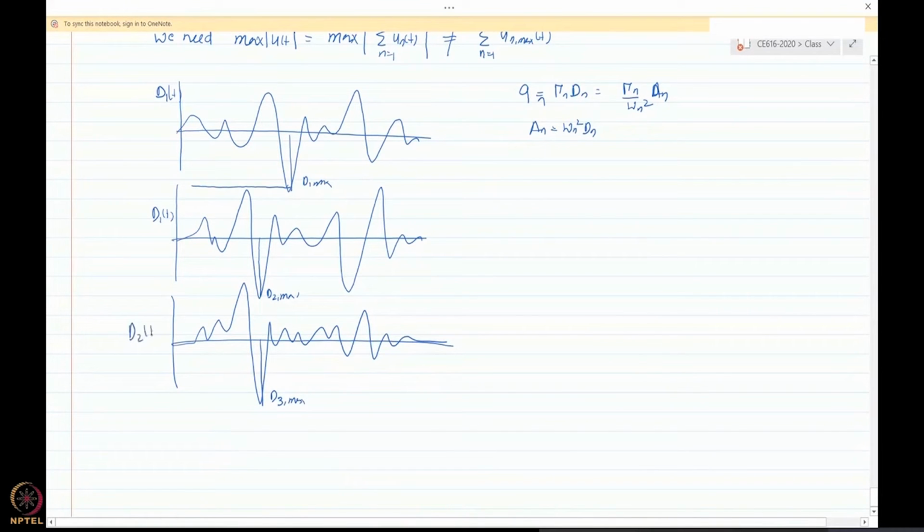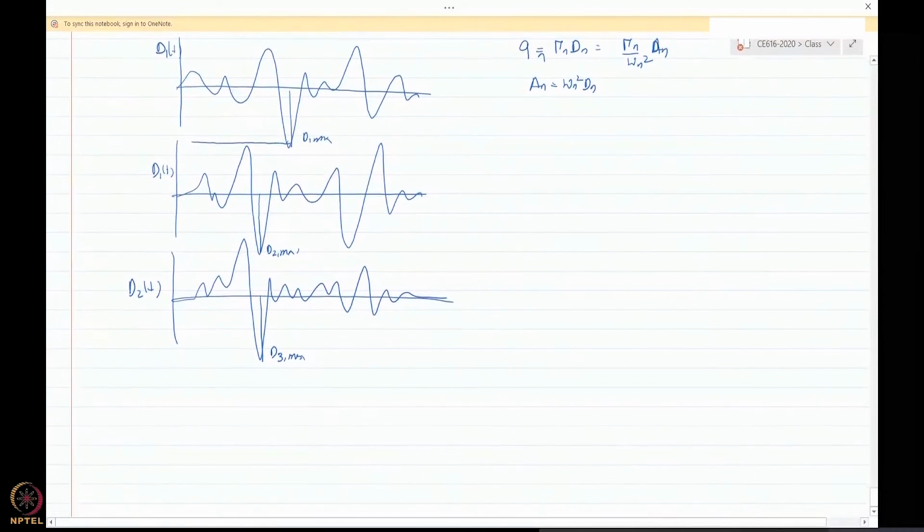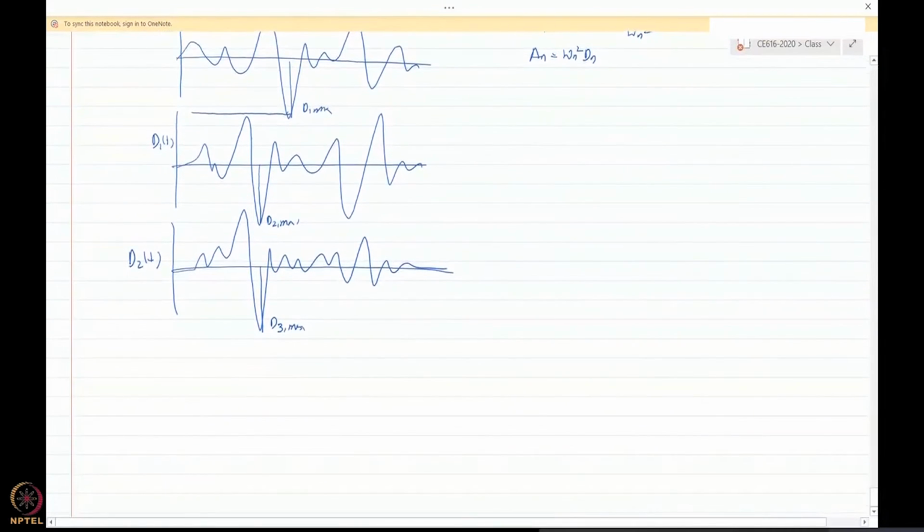So the idea is, I know the maximum response of each of the three modes, and all such n modes. How do we combine them so that we get approximately the D max and subsequently the U max? As we said, there are different methods.